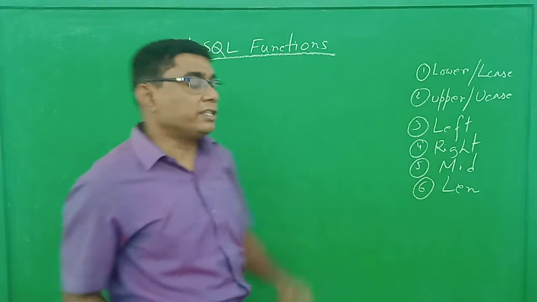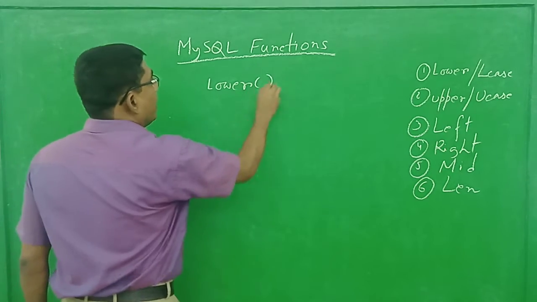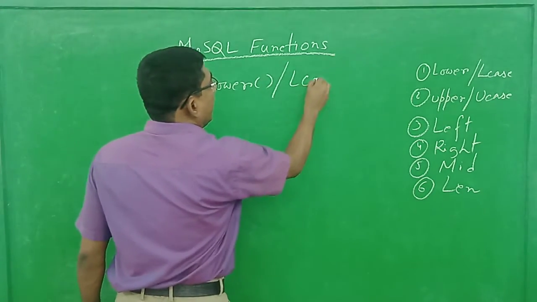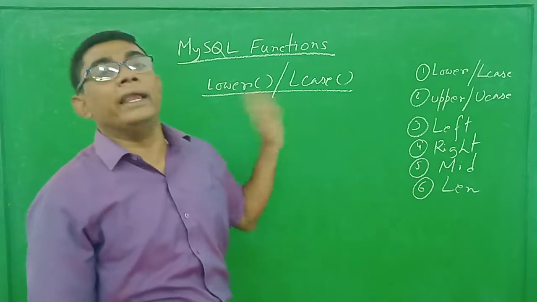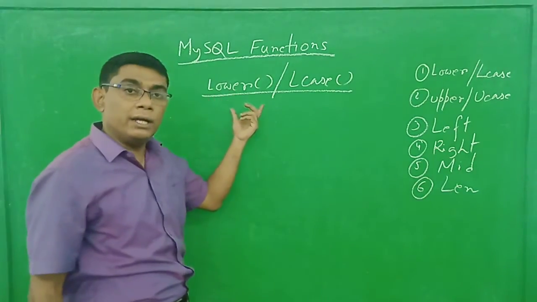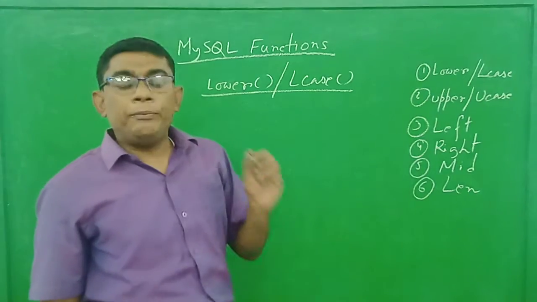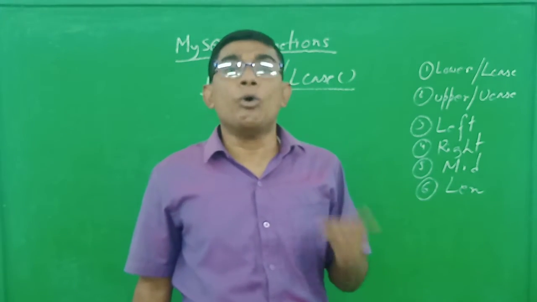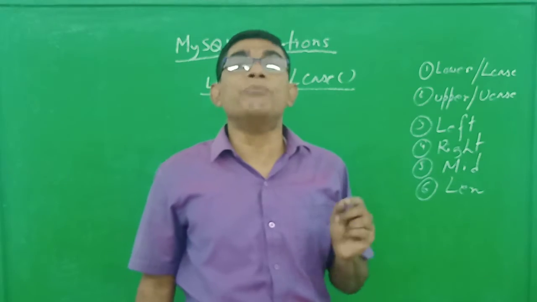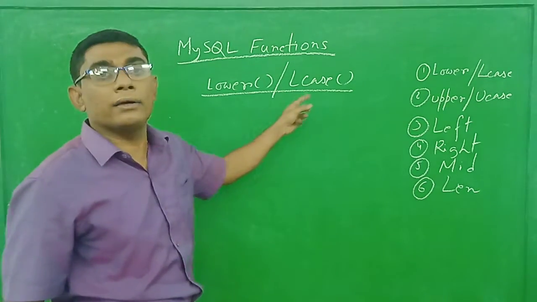So the first function is lower or LCASE. What is the lower function or LCASE function? Both are the same. If you want to convert a string into lowercase, meaning small letters, then we use the function lower.